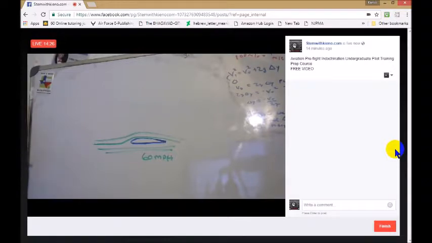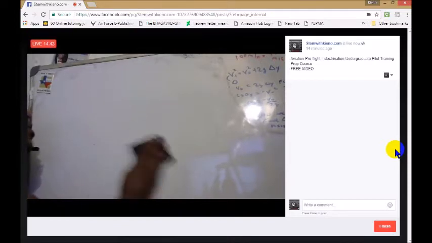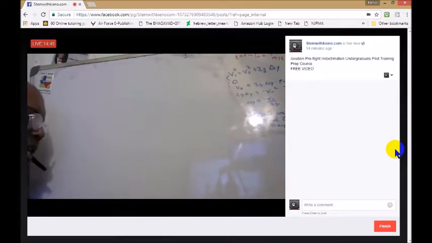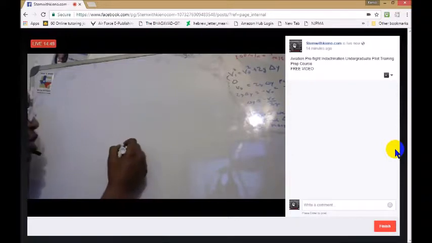Okay, now we need to understand the relationship between speed and angle of attack. If we fall below 60 miles per hour, the wings will not produce enough lift in order to sustain that aircraft, generally speaking. And that is not representative of how the wings will be positioned or your angle of attack.